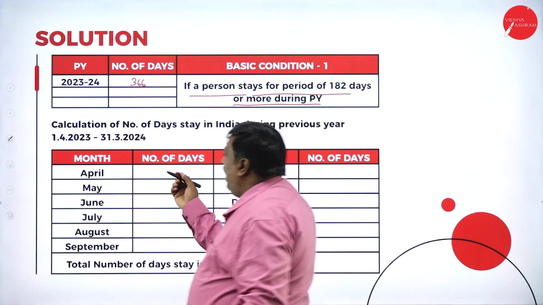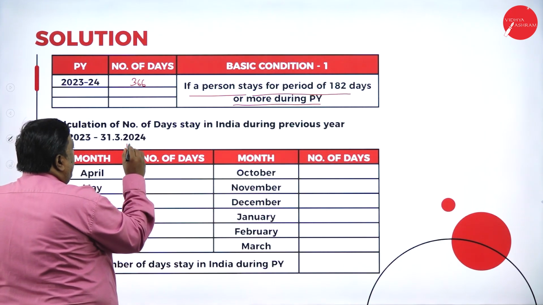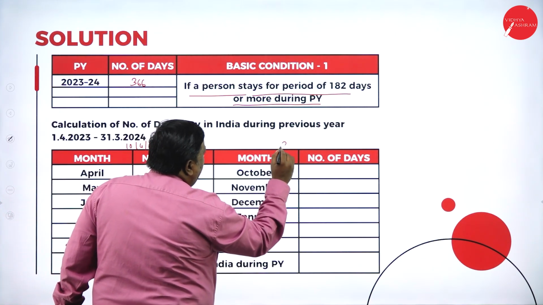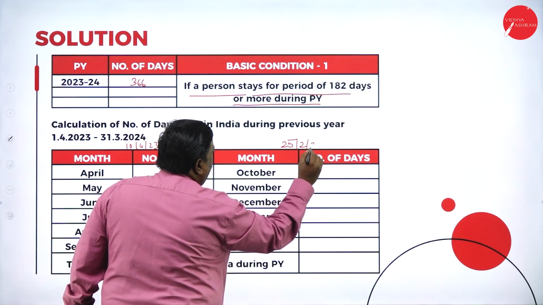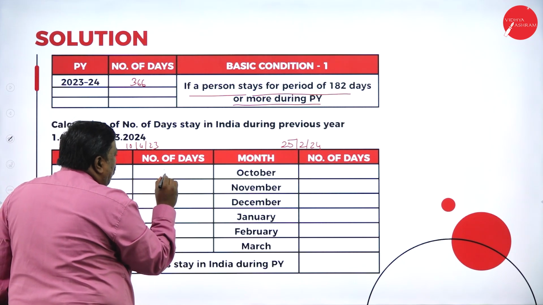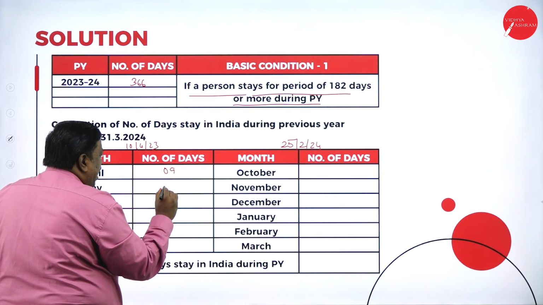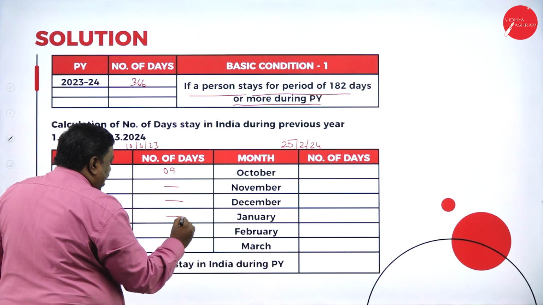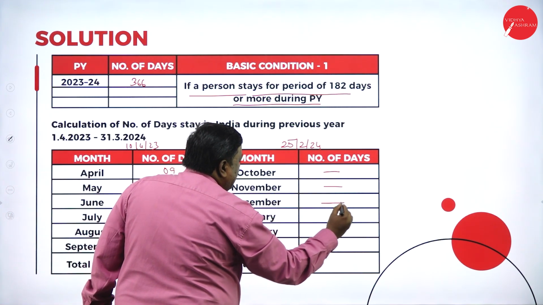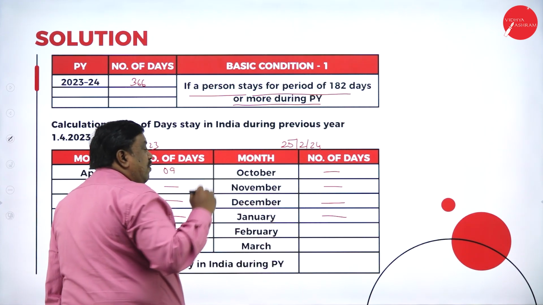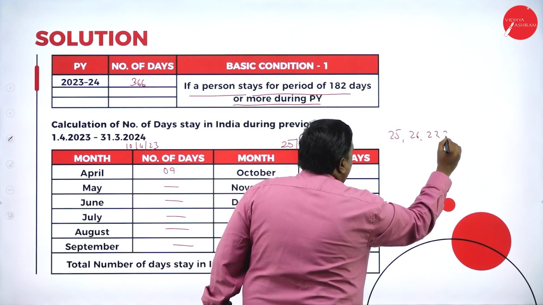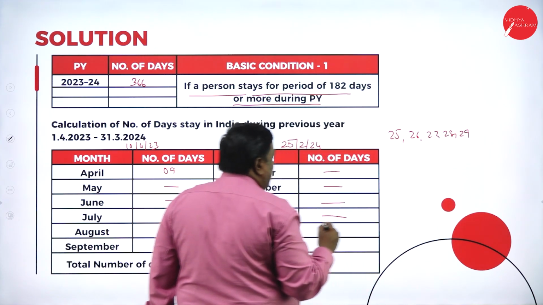Now, I left India on 10th April 2023 and returned back on 25th February 2024. In April I was in India for 9 days, in May I was not in India, June, July, August, September, October, November, December, January, and February 25th I came, including 25th, 26th, 27th, 28th, 29th, as it is a leap year.